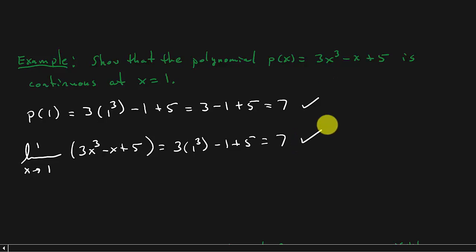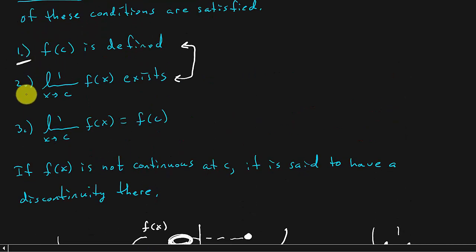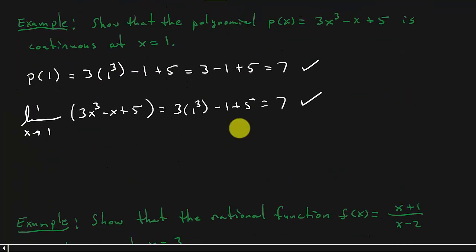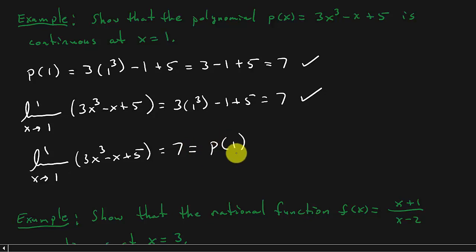The limit exists, that's step 2. So what we've shown so far is 1 and 2. And now for 3, well, what does it say? We can see here that the limit as x approaches 1 of 3x cubed minus x plus 5 is equal to 7, which is equal to p of 1. See, they're both equal to 7, so that means that polynomial is continuous at x equals 1.